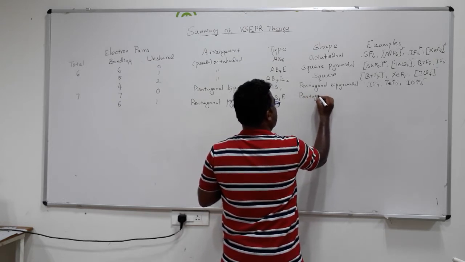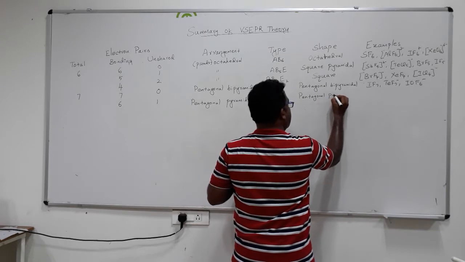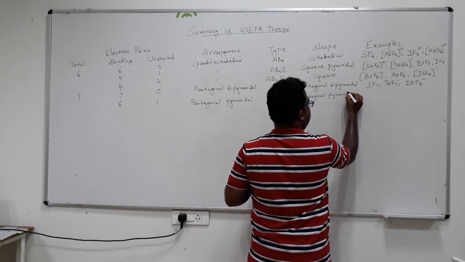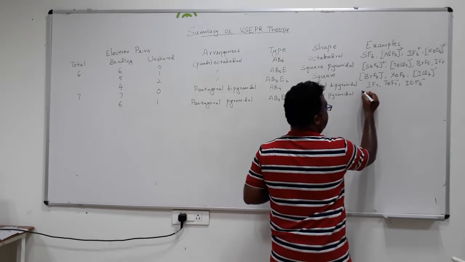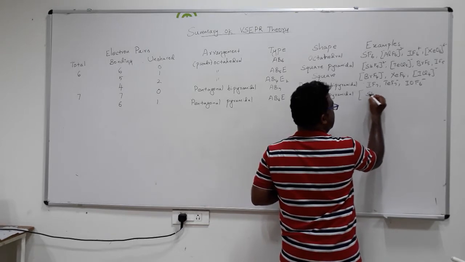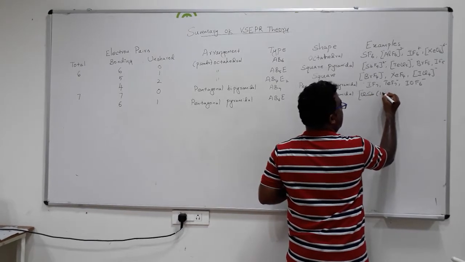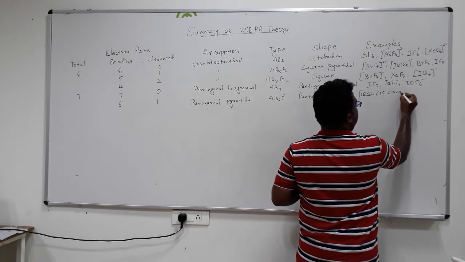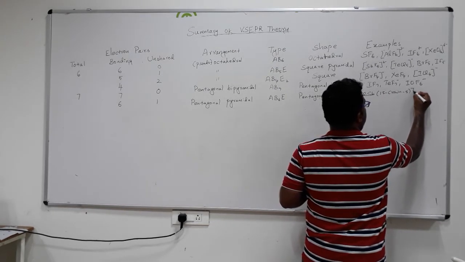Do we have any example for such a kind of molecule? Yes, we have an example: SbCl 15-crown-5.